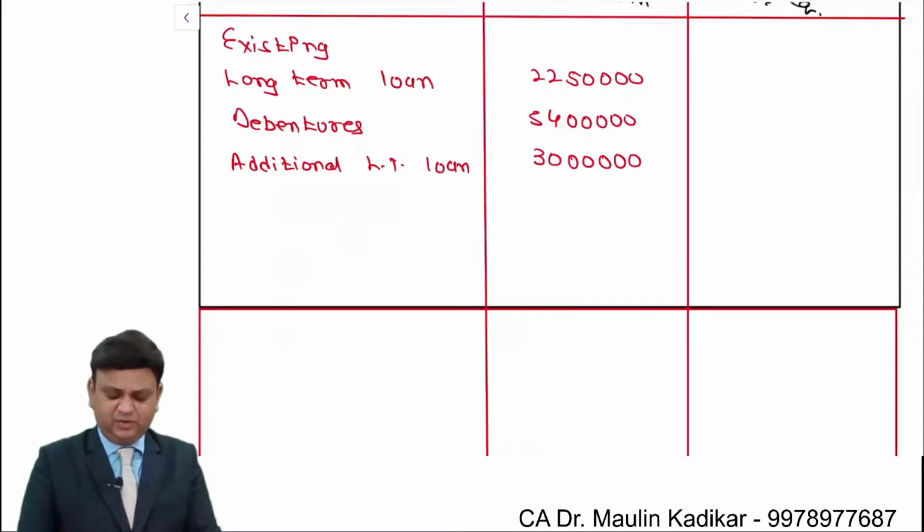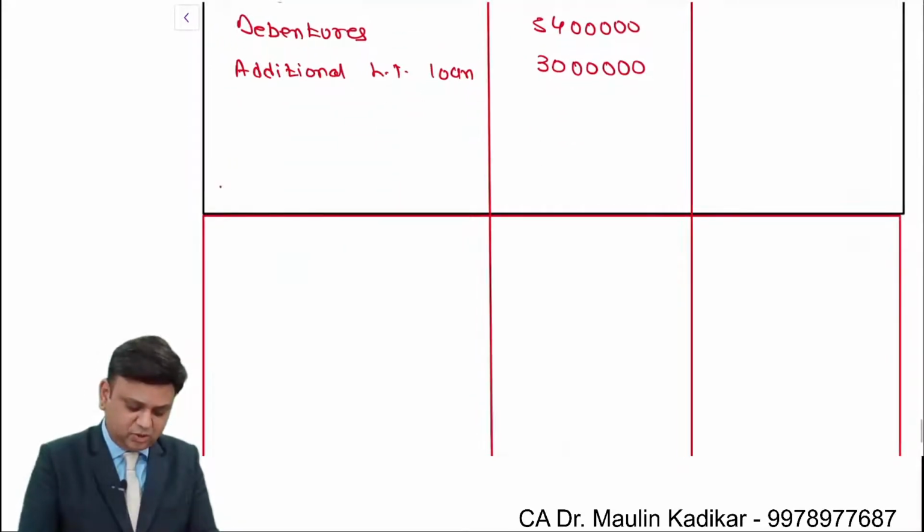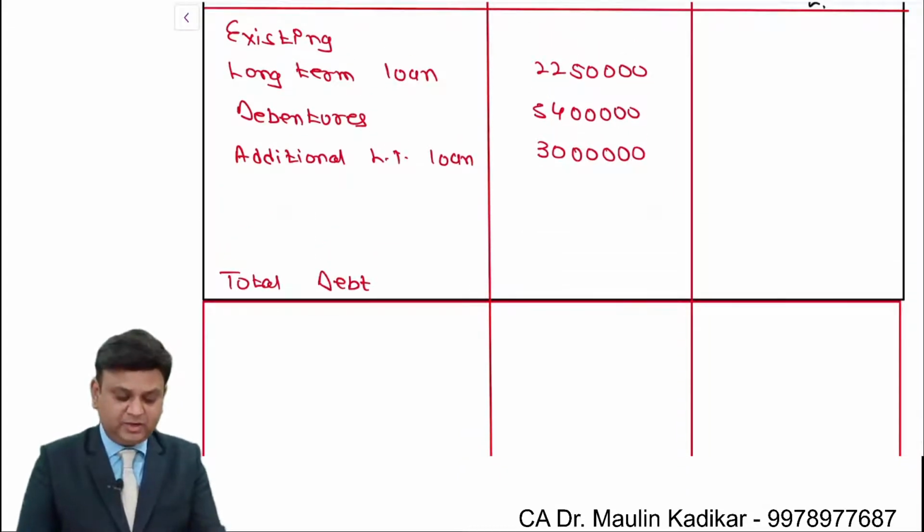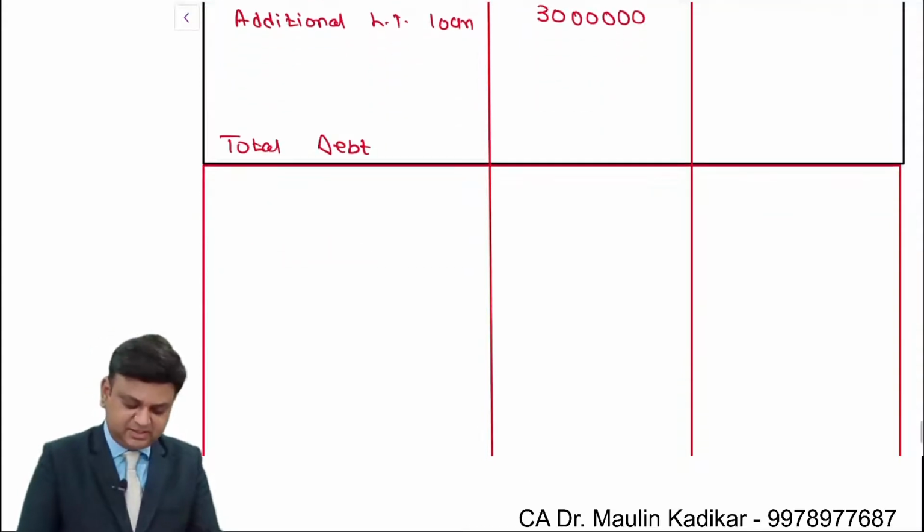So we'll get the numerator. I'm writing over here total debt. That is 22,50,000 plus 54 lakhs plus 30 lakhs. That is 106.5 lakhs.